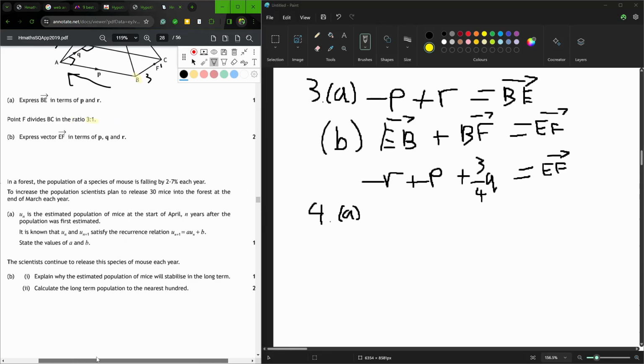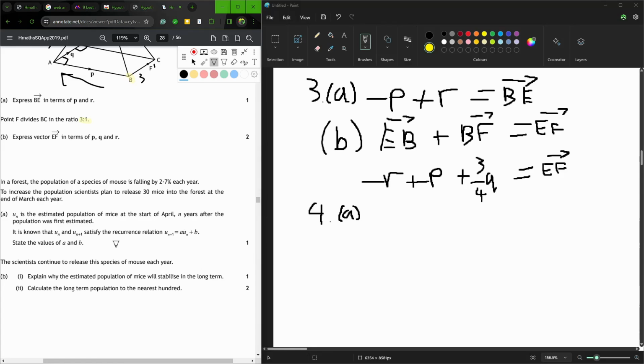Okay, well this is one mark, so we can just write down the answer. A is the multiplier, and I think this is going to be something related to the percentage. So if it's falling by 2.7% each year, that means if nothing else happened, it's going to be reducing itself by 2.7%.